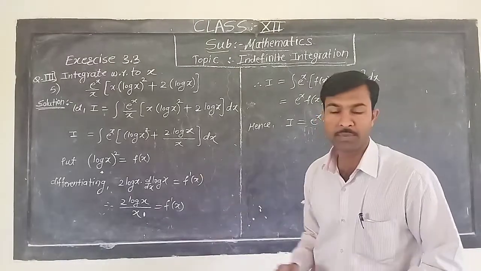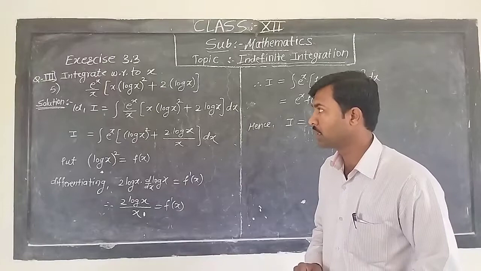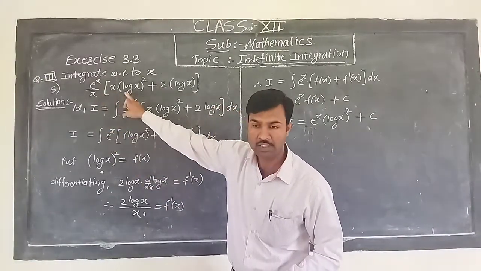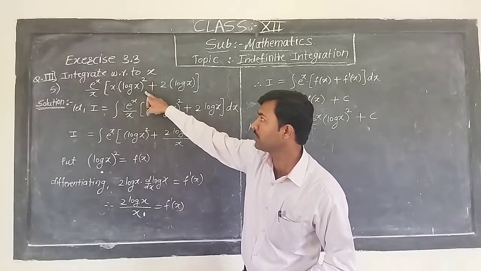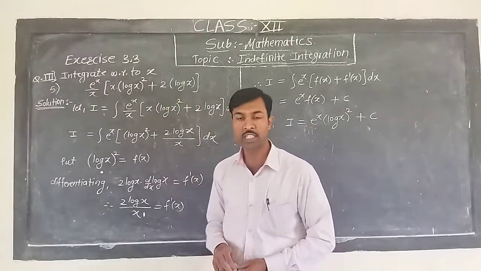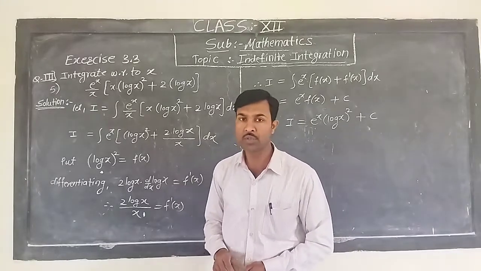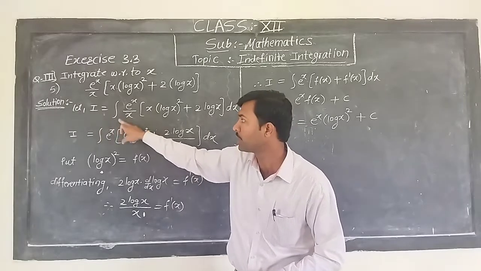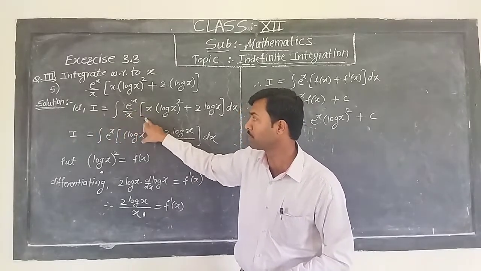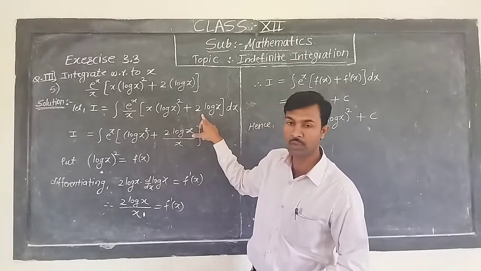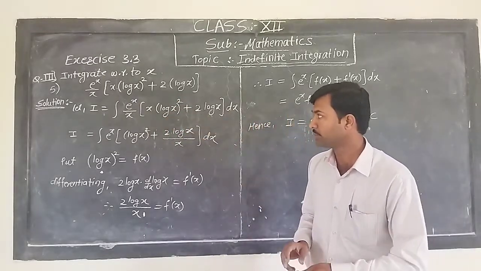Here is the fifth problem of question 3rd. We have to integrate e raised to x upon x into log x whole bracket square plus 2 into log x. As we have to integrate this problem, I denote it by the letter I. I is equal to integration of e raised to x upon x into log x square plus 2 into log x into dx.